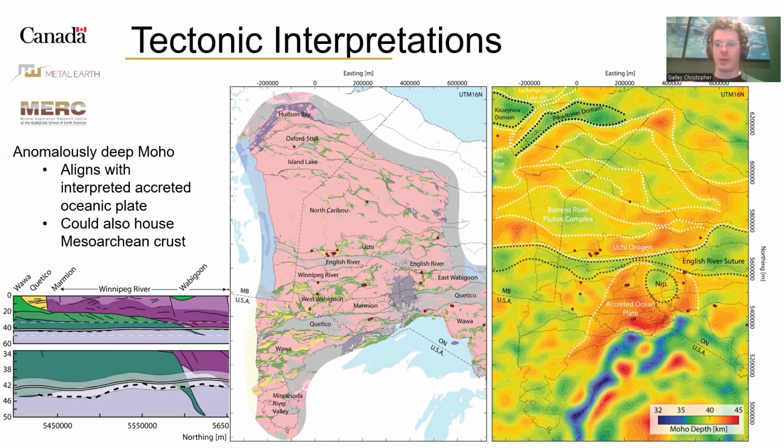Traveling a bit more south, we have the English River suture shown to be thinning, and then this interesting feature here, a deep Moho little band sticking up, which has been interpreted to be an accreted oceanic plate.